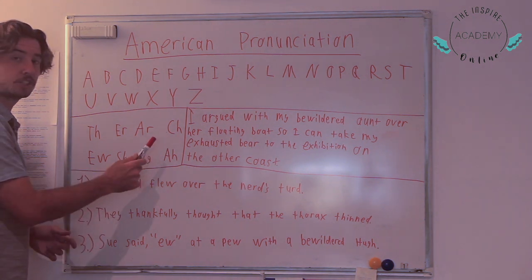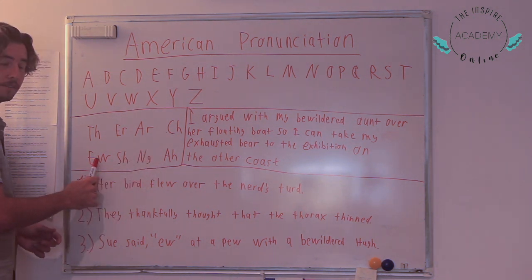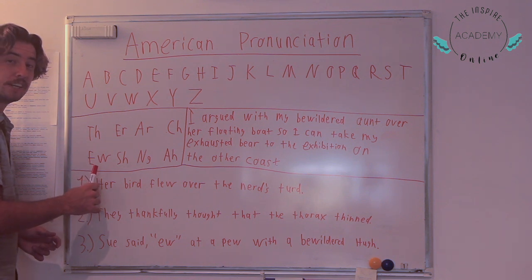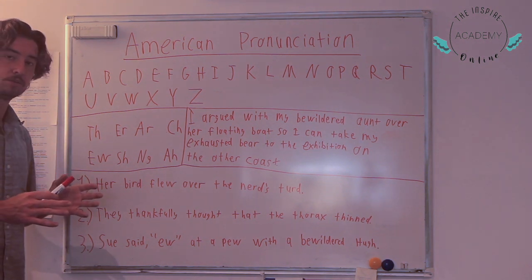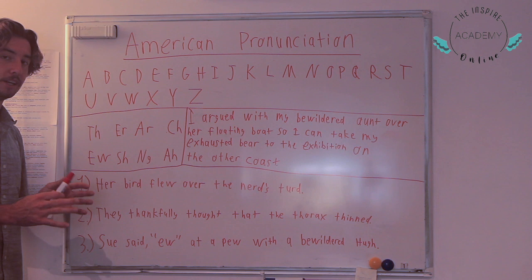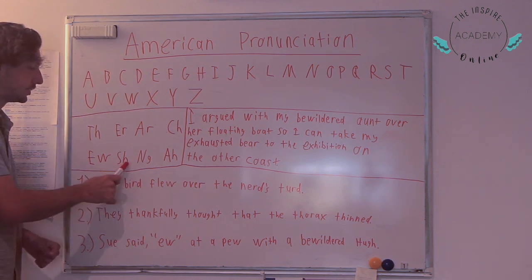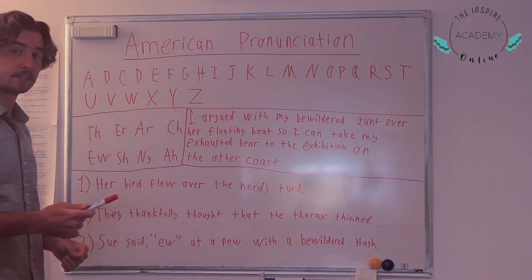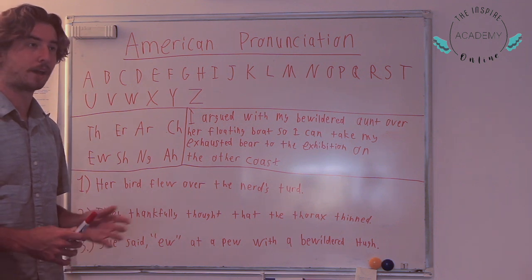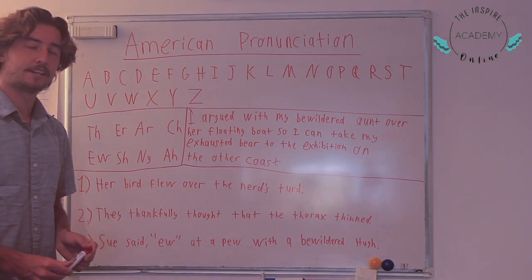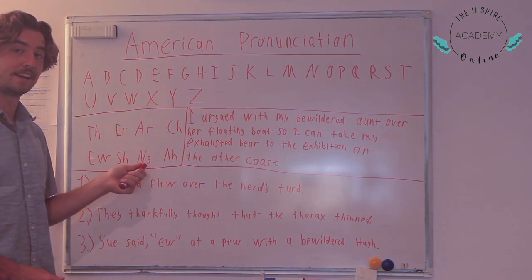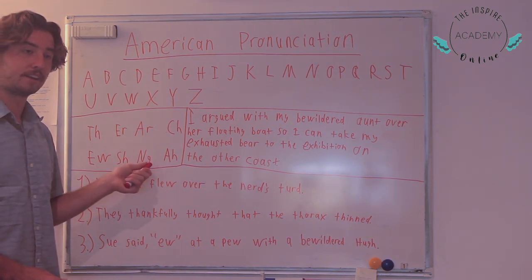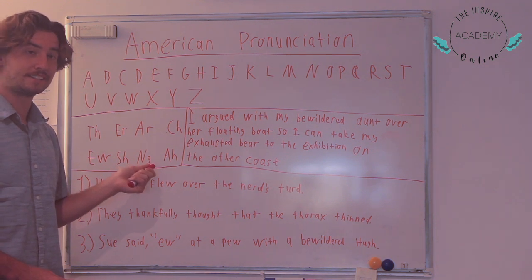But it's ch, EU, EW, U. It's kind of like EU, but it's U. Sh, NG. You see this a lot at the ends of words like pang, rang, sang. Saying, rang, lang, tang.